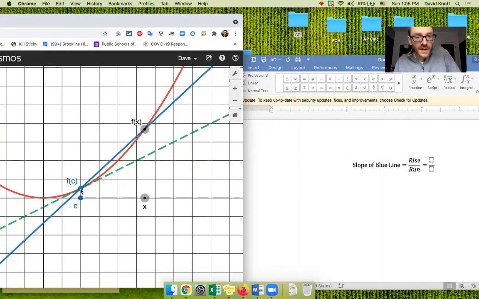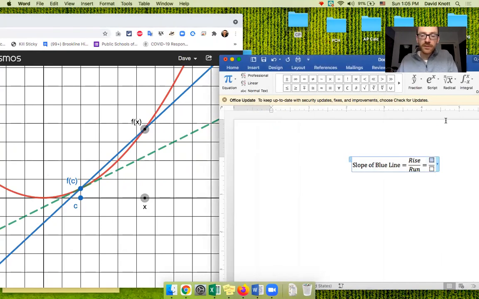So what's the rise? Like, how high do you have to go up to get from here to here? Well, it's just the difference in the y coordinates. So that would be f of x minus f of c, right? That's the change in the y coordinates. Okay. And then what's the run? Like, what's the horizontal distance between these 2 points?